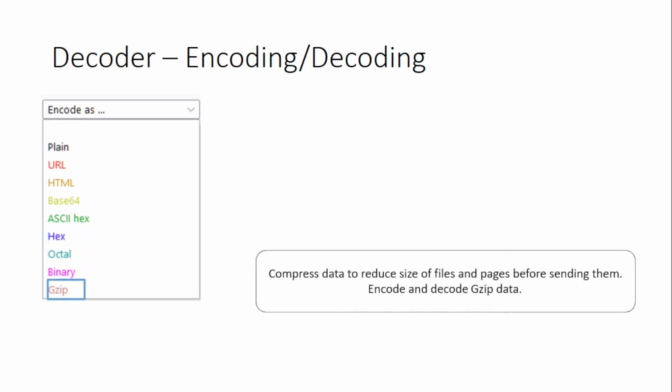Then the last one is gzip. This compresses data to reduce the size of files and pages before sending them, and it encodes and decodes gzip data.